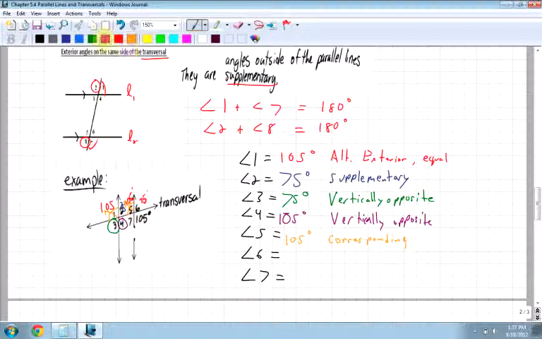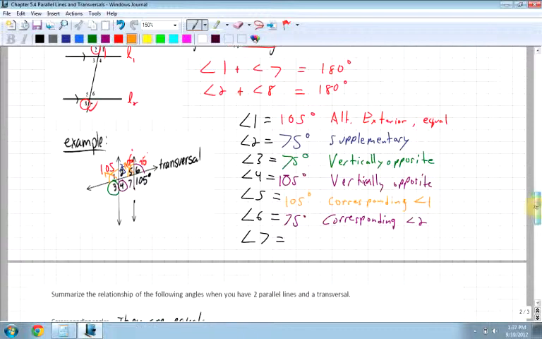Let's keep going here. Angle 6, which is over here. I've already got the answer there for 75. It's corresponding to angle 2. So I could say it's 75 degrees, and it's corresponding to angle 2. The other one was corresponding, angle 5 was corresponding to angle 1, in the same direction.